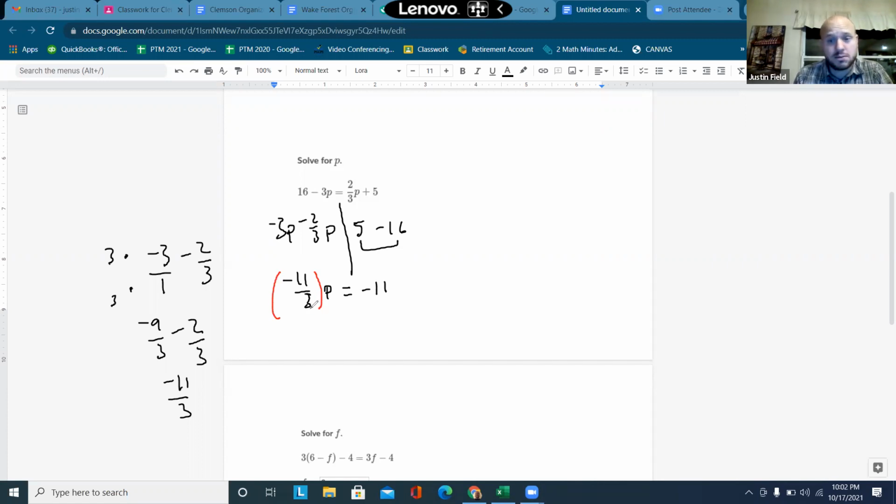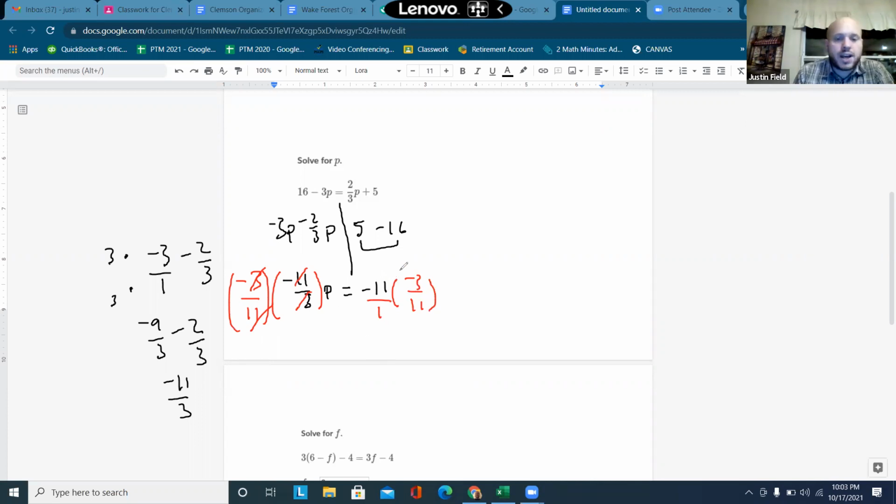Do you know? A reciprocal is a fraction where the numerator and denominator change places. So that would be 3 over 11, and then I always like to keep my negative in the numerator. And so we're going to multiply by the reciprocal because that cancels out the fraction. But of course, we have to multiply by that same thing over here. Put that over 1 so we can do the multiplication.